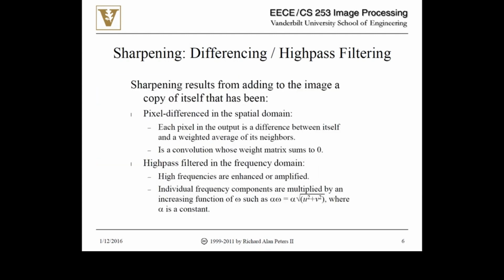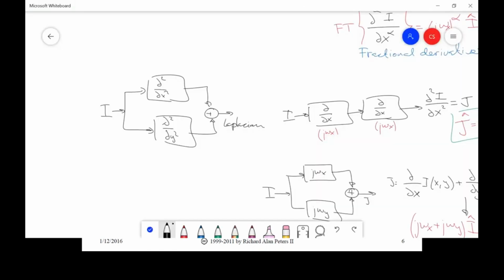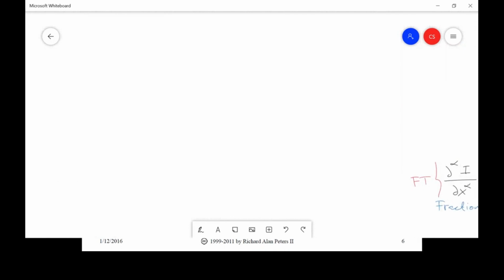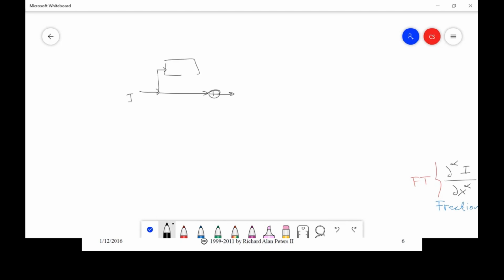Then, so now we have two ways of sharpening. Let's say that I want to sharpen anything. We did it before in MATLAB, but let us look at the theory of this. So what I have to do is add to this image something that computes the edges.